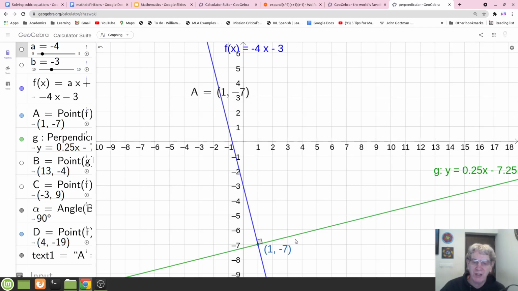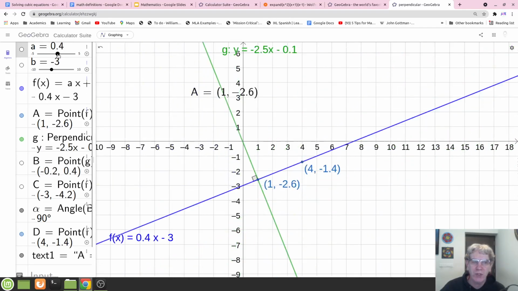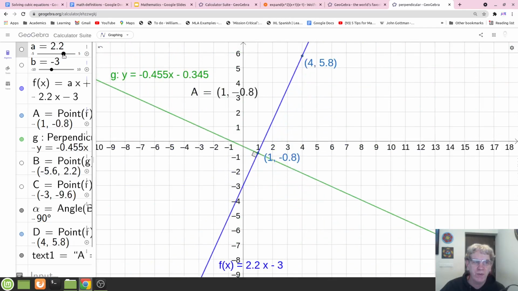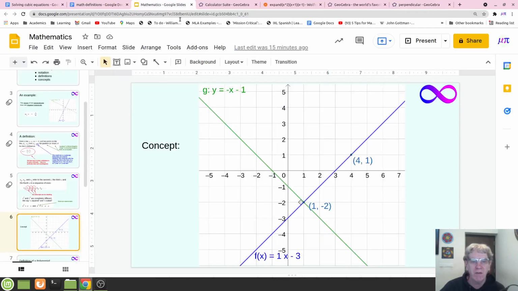So when we say that the original line has a gradient of negative 4, the negative reciprocal is 1 upon 4, we can see how conceptually and geometrically these ideas are related. And look what happens if I move around the slopes. So let's get back to a slope of 2, and of course the perpendicular line will have a slope of negative 1/2. So now I have a better conceptual understanding of what I am trying to learn.